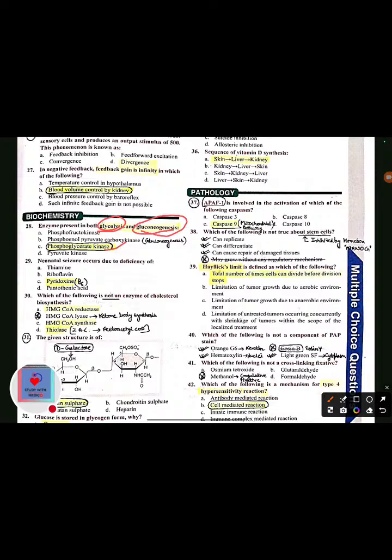Gluconeogenesis means genesis of glucose from non-carbohydrate sources like proteins, amino acids, fats. Neonatal seizures occur due to deficiency of vitamin B6, that is pyridoxine.